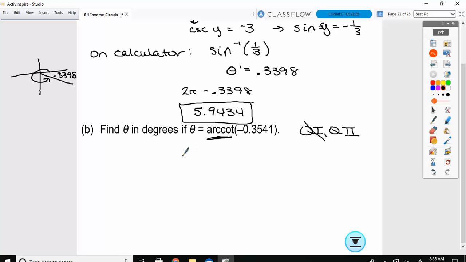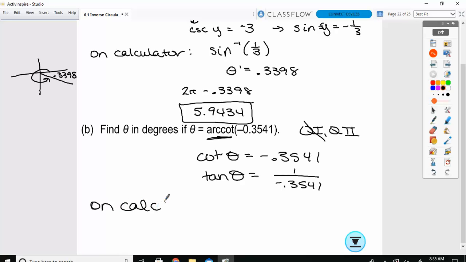So what this means is that cotangent of theta is -0.3541. If I'm going to put it in the calculator, we have to use tangent.